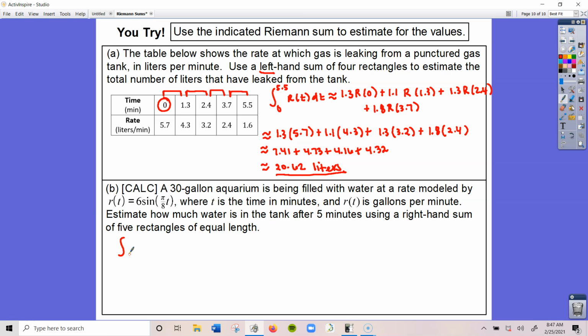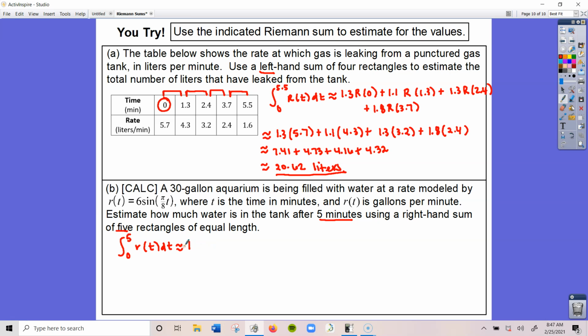So that means that our interval is from 0 to 5 because of the 5 minutes. This is the integral of the function r of t dt. If it's equal subintervals of 5, that means that 5 minus 0 divided by 5 is 1. So the base of all of these rectangles will be 1.